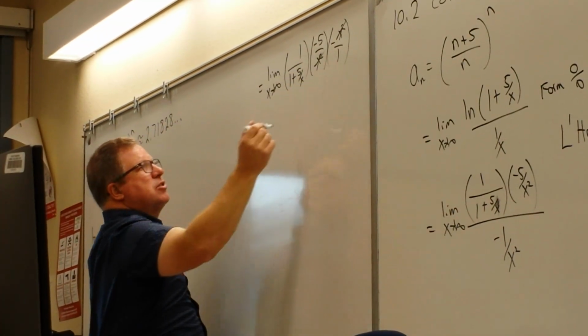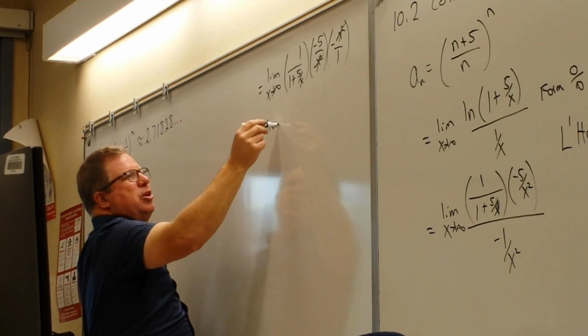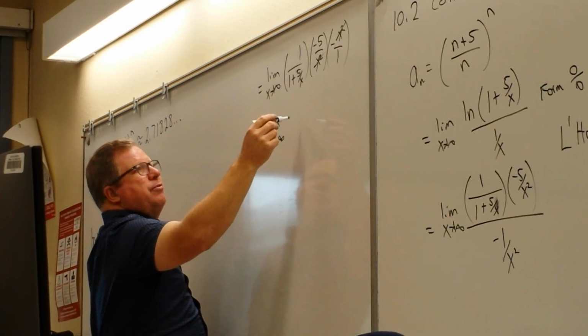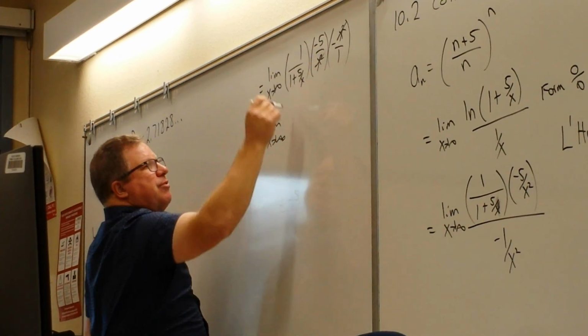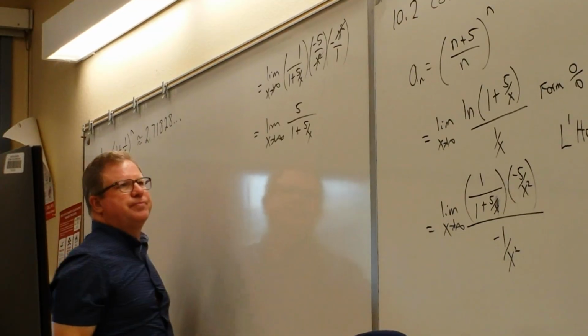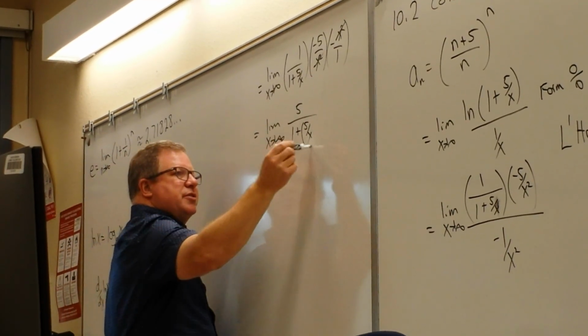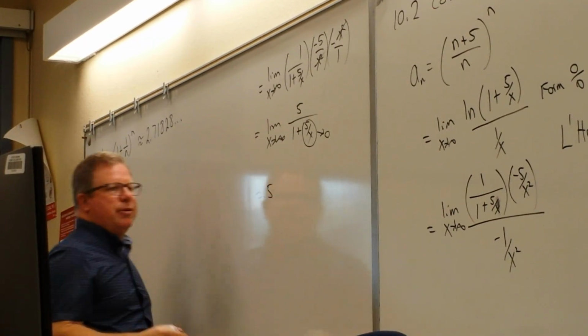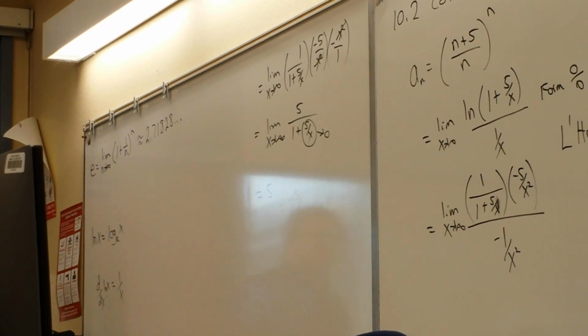Negative times negative is positive, so we have the limit as x goes to infinity of, we have 5 left up there, over 1 plus 5 over x. This goes to 0, so this equals 5. But that's not the final answer. What equals 5?